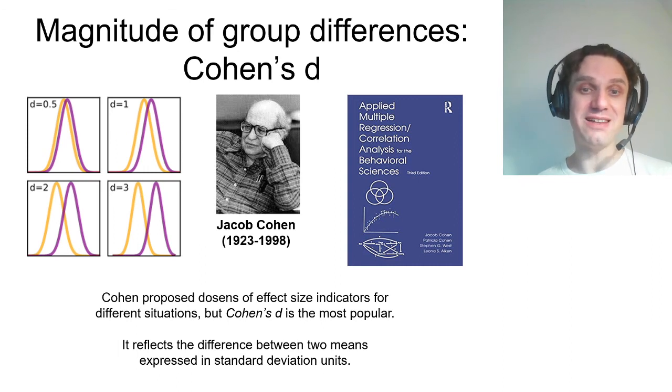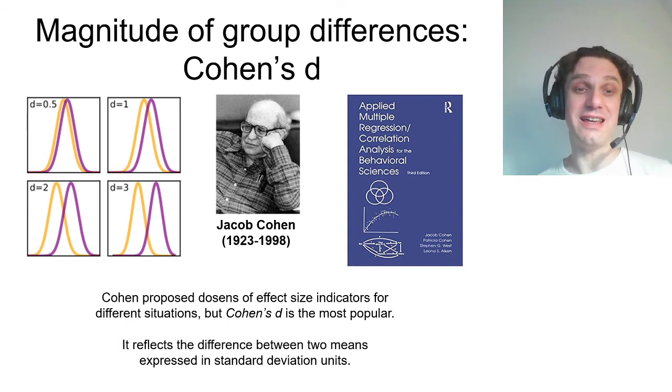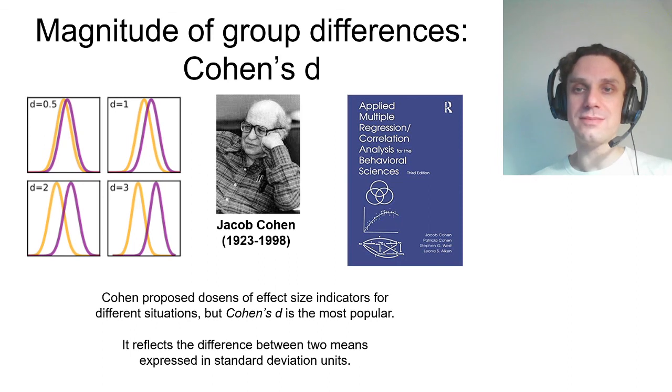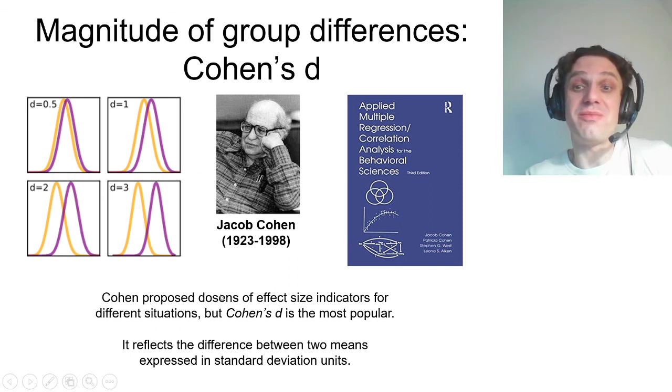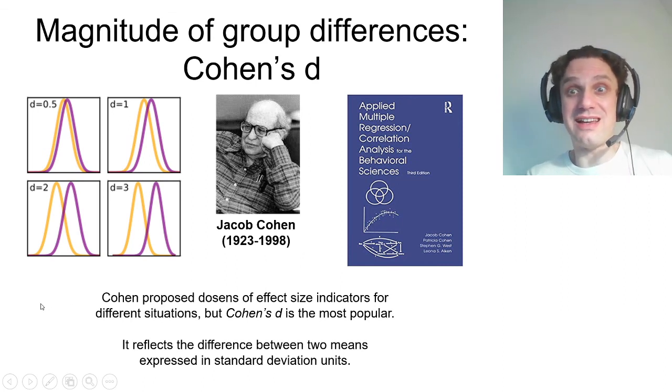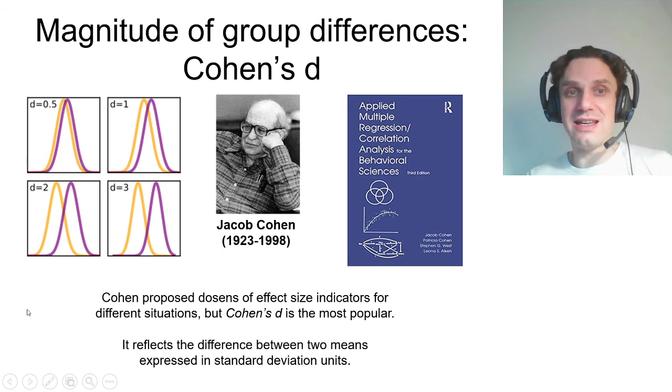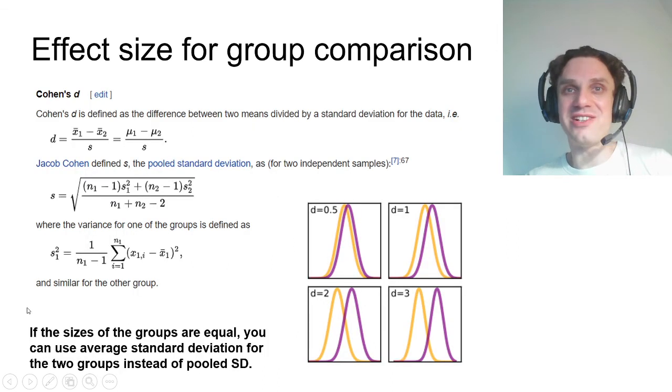It is simply the difference between two means expressed in standard deviation units. So in a sense, it is standardized. Because expressing it in raw scores would have made no sense. It would be dependent on the scale. But if we express the difference between the means in standard deviation units, it's kind of similar to z-scores.